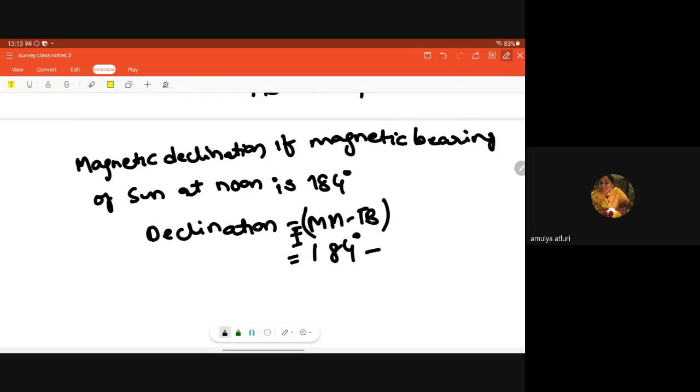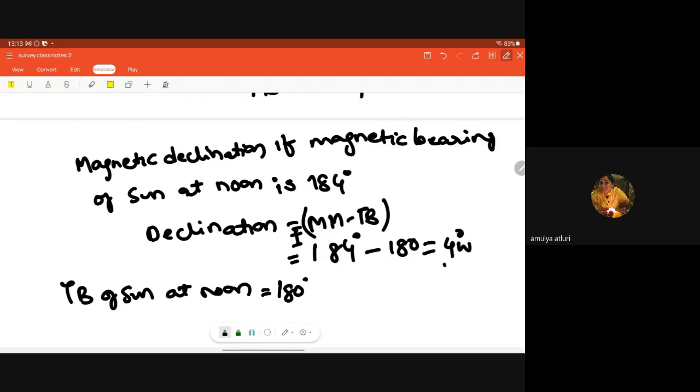What is the true bearing of the sun at noon? It is the line joining the Earth's north and south at noon, which is 180 degrees, as I have told you earlier. So 184 minus 180 degrees, then my magnetic declination is 4 degrees west. Got it?